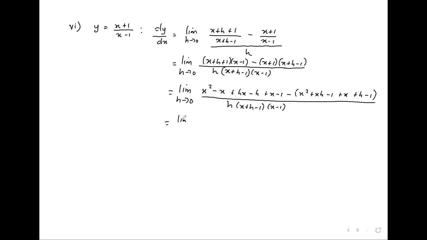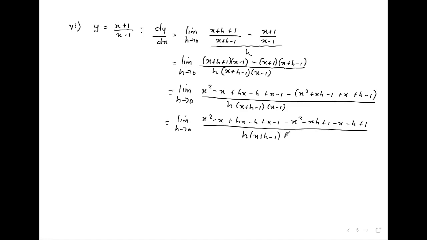And then the limit as h goes to 0, we'll get x squared minus x plus hx minus h plus x minus 1 minus x squared minus xh plus 1 minus x minus h plus 1 over h, x plus h minus 1, x minus 1.